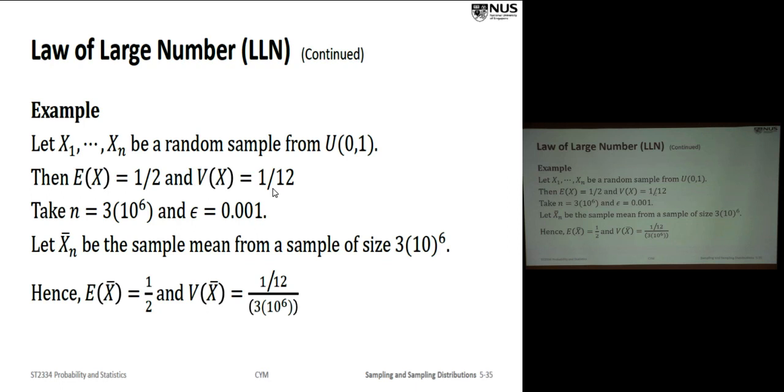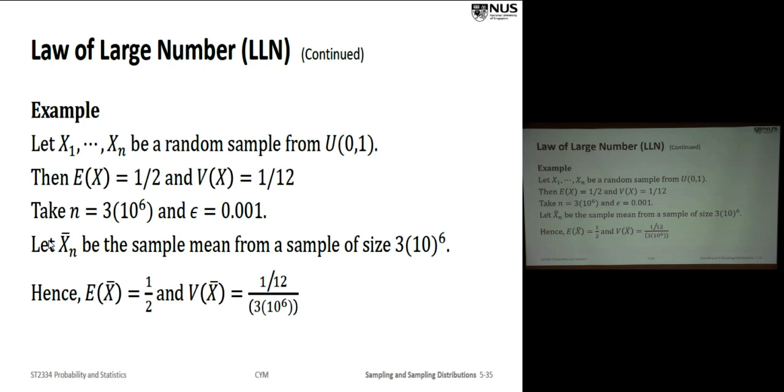Now, suppose that we have a sample size which is 3 times 10 to the power 6, so 3 million points. And I take epsilon equal to 0.001. Okay, very small. So now x n bar is the sample mean from this sample.